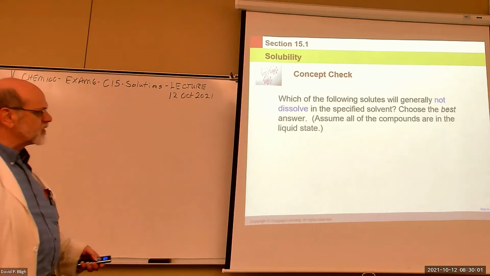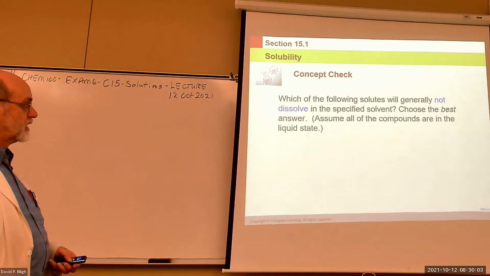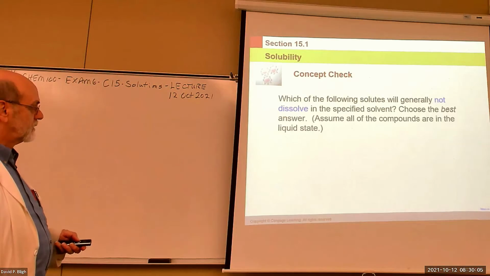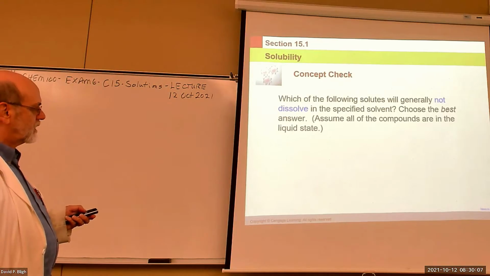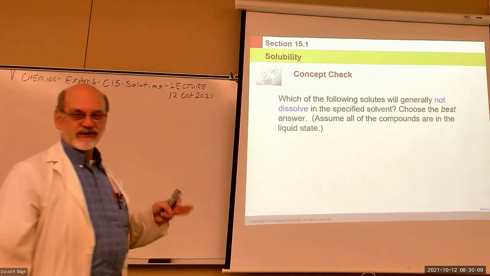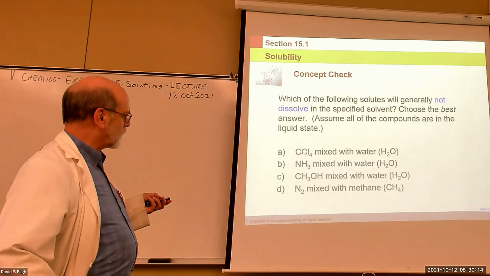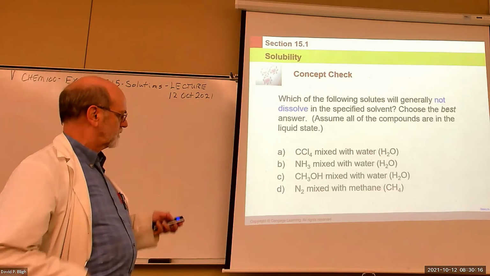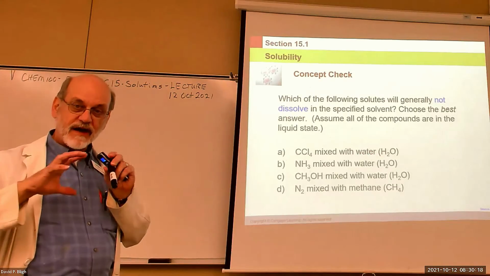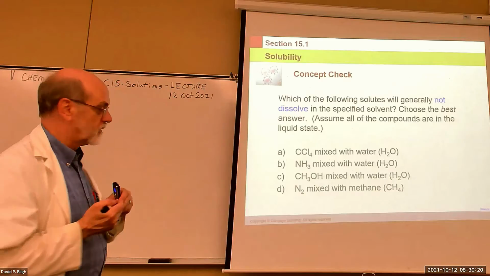Which of the following solutes would generally not dissolve in a specified solvent? Oh, we're going to assume everything's in the liquid state. All right, so how about carbon tetrachloride mixed with water? You have to understand something about the structure of the molecule.